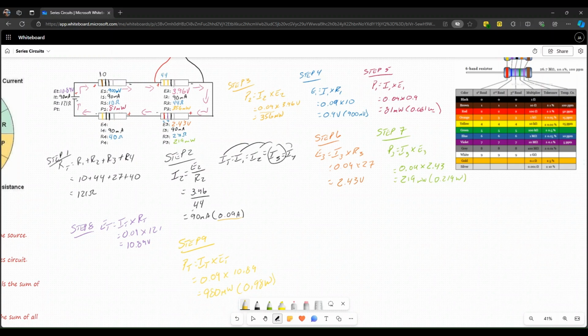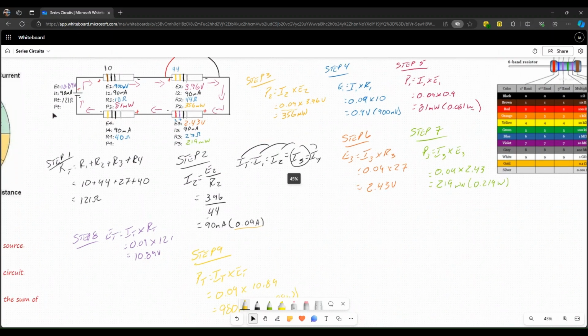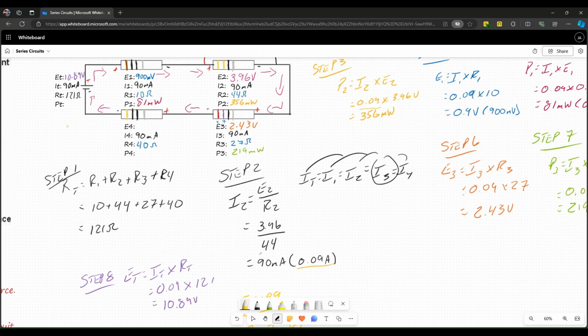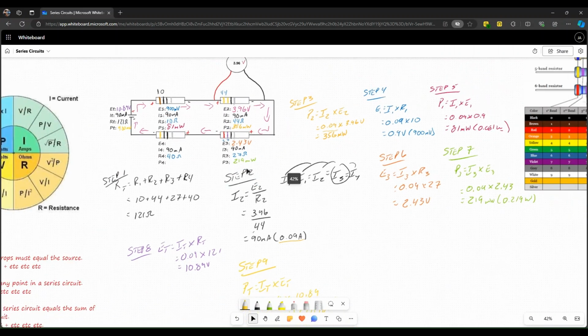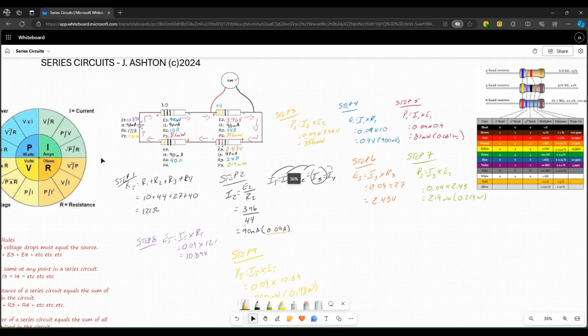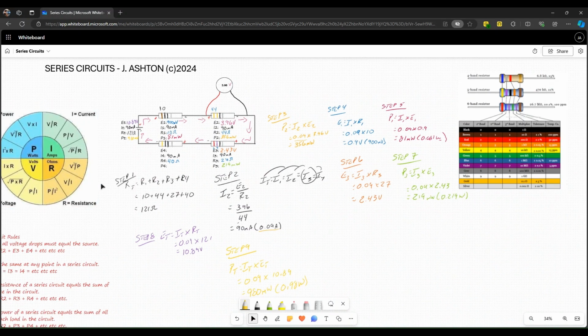Okay, zoom in on that so I can see it. Another way you could have done it was I squared R. We could have found power by I squared R. So you could have gone 0.09 squared times 121, and you get the same answer.